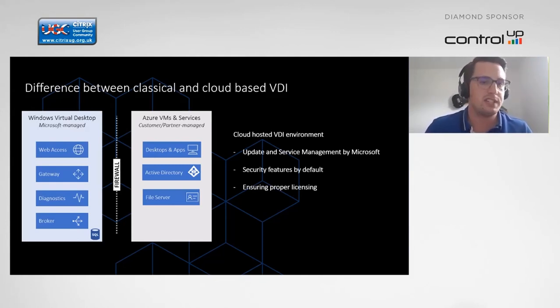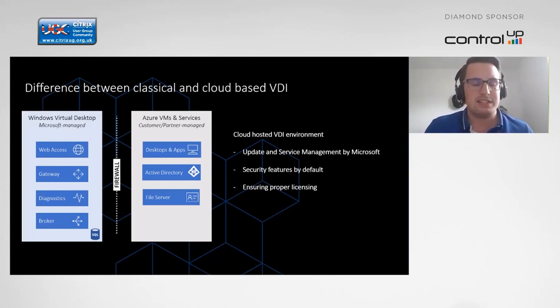You benefit from the security features by default, which means that while using Azure Active Directory, which is mandatory to run your Windows Virtual Desktop environment, you benefit from conditional access features, multi-factor authentication, as well as features like Reverse Connect, which just requires port 443 to be open to the outside world, and Microsoft will control and manage the complete inbound traffic to WVD.